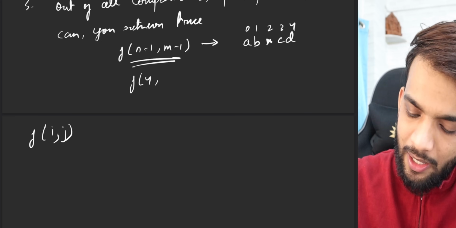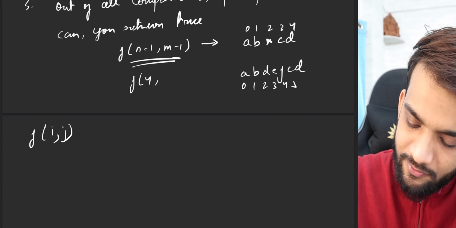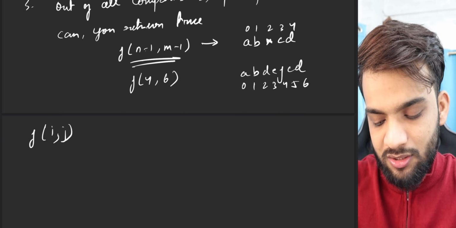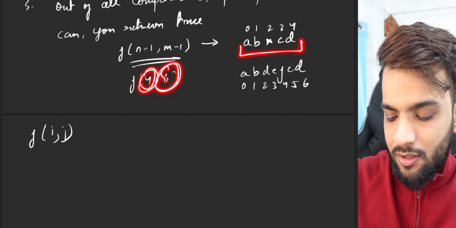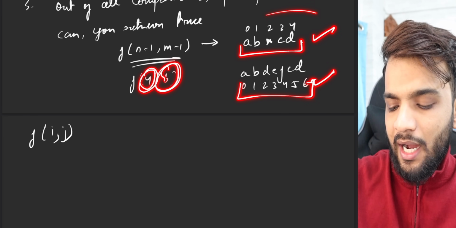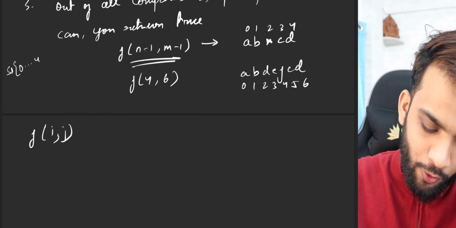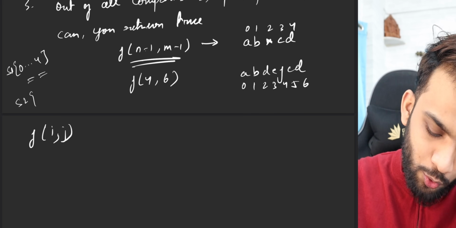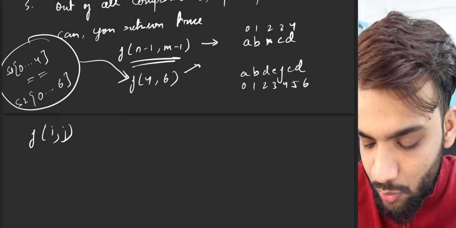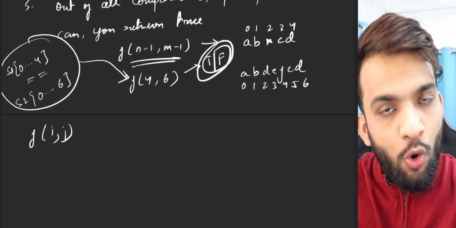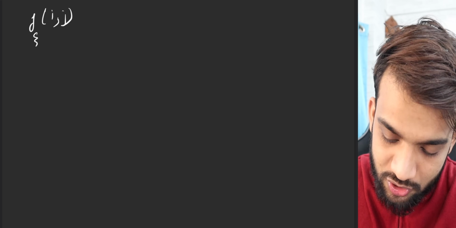So f of 4 comma the other string ABDEFCD with indices 0, 1, 2, 3, 4, 5, 6 means: in the string from 0 to 4 and the string from 0 to 6, are they matching? Is string 1 from 0 to 4 matching with string 2 from 0 to 6? This is what this function signifies, and it's going to return yes or no. I hope that makes sense. Going across, we will be writing the base case afterwards.